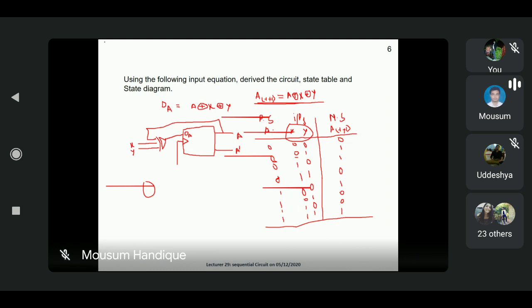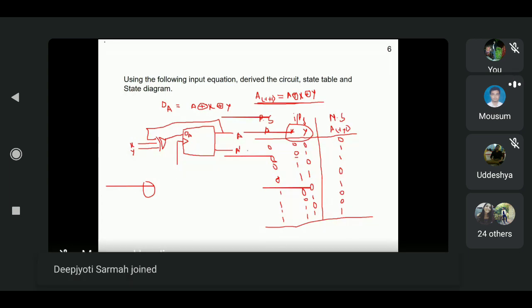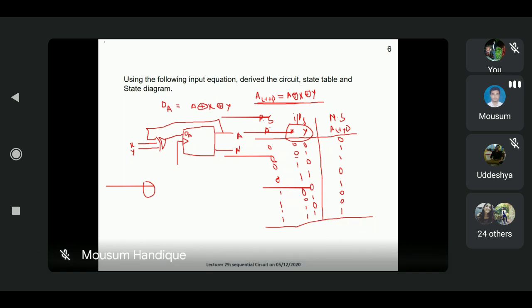If we used two variables, obviously we would use 2 to the power 2, meaning 4 states. But here the present state is denoted by only one variable. So A is either 0 or 1, and we are using only two states. One we are assigning as 0, and one as 1.